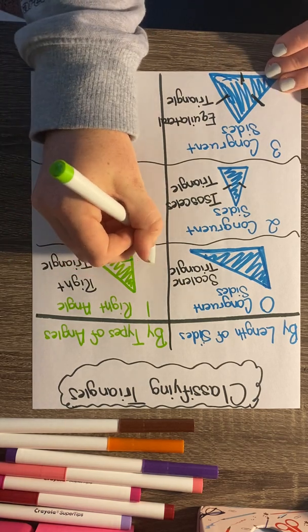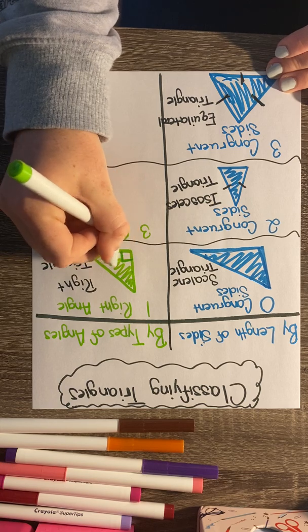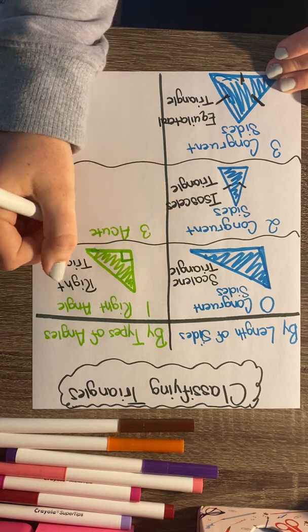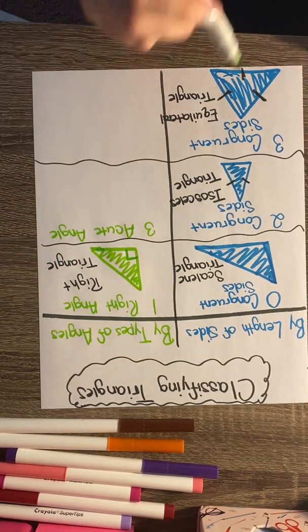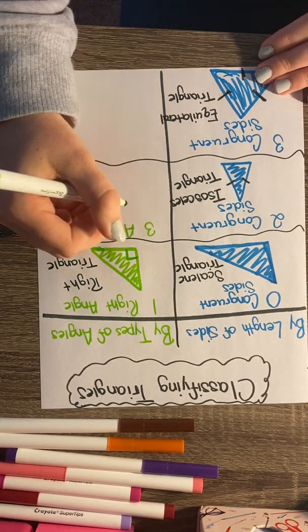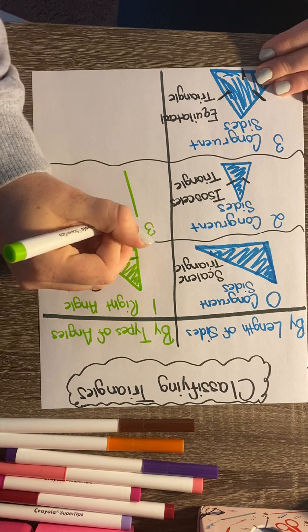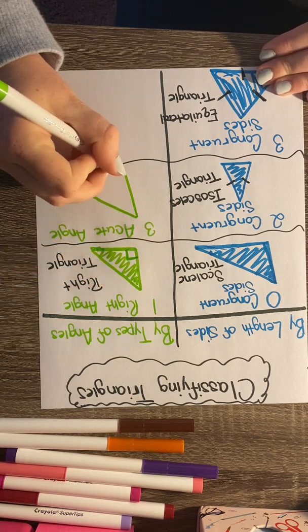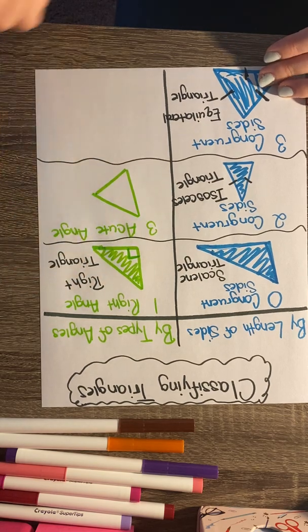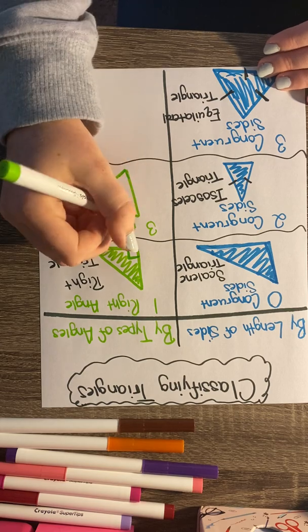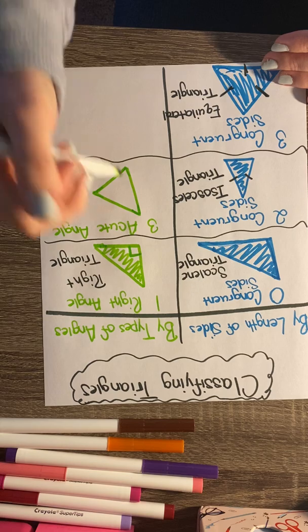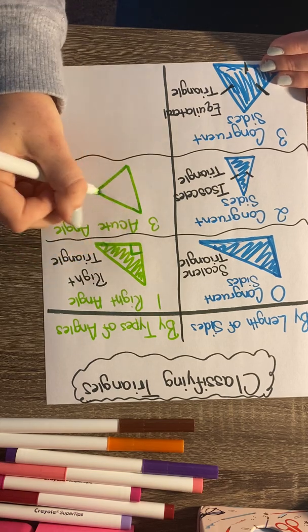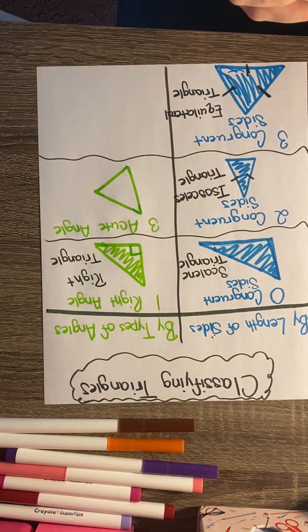Easy. All right, next, when it has three acute angles, so not one, not two, but three acute angles, it's going to look like this. Acute is when the angle is less than 90 degrees. So acute is little, when it's close to touching, kind of, it's going to look like that.